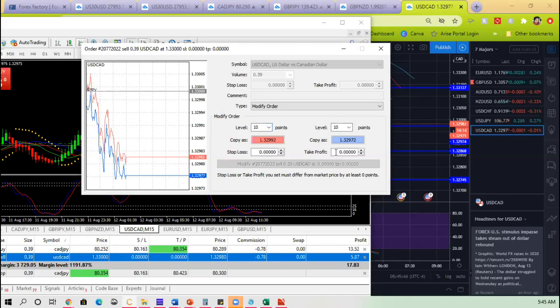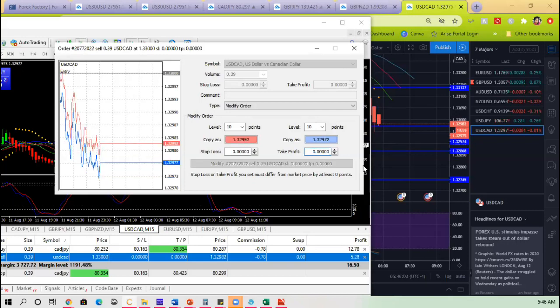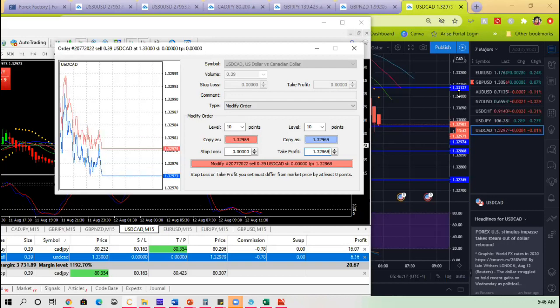All right, so we're going to come over here and put our take profit number in as this bottom blue number right here, 1.32868. And if you can see this blue line up here, you can see the two PSARs. So this support and resistance line is actually a good place for the stop loss.